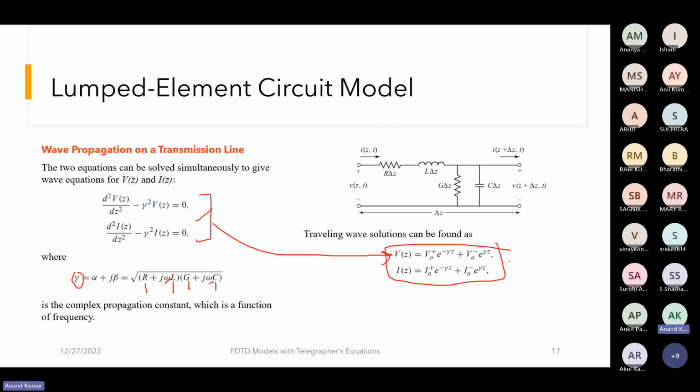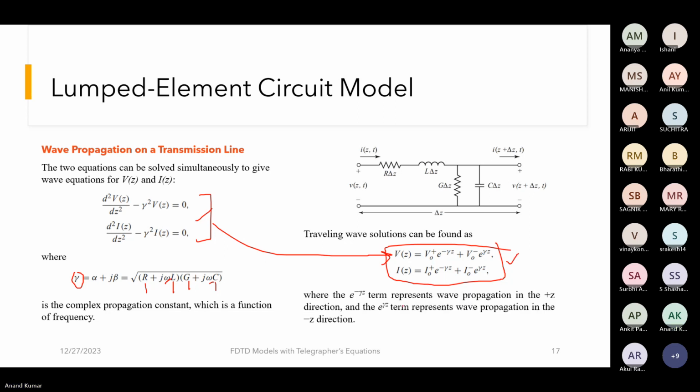Now, once we have the solution for the traveling wave, I'll just read it out: this minus gamma z term represents the forward propagating wave, and the plus gamma z term represents the backward propagating wave. Backward is in the sense of the minus direction, and forward the plus direction. So this actually means that if you have a transmission line, the wave will propagate in either of these directions, and this basically sums up that.